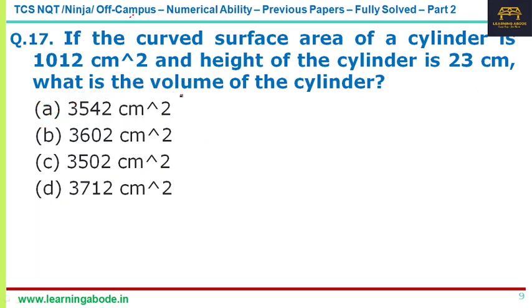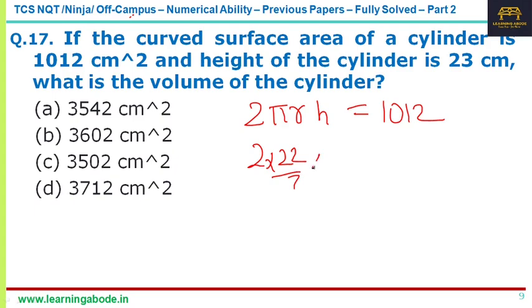So first let me write the formula properly. Curved surface area 2 pi r h is equal to 1012. So 2 into 22 by 7 into r into 23 is equal to 1012.